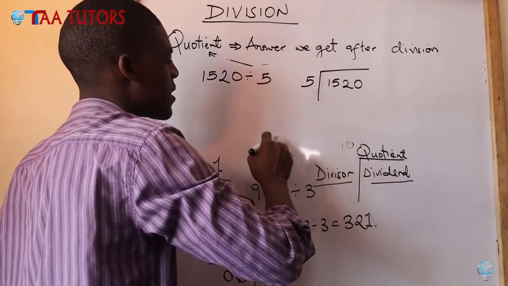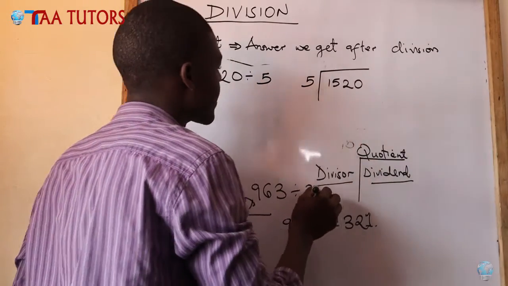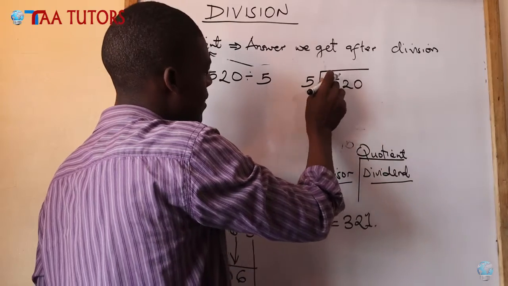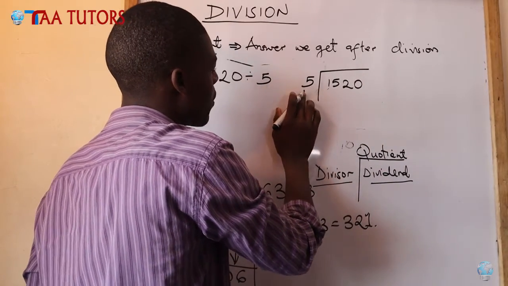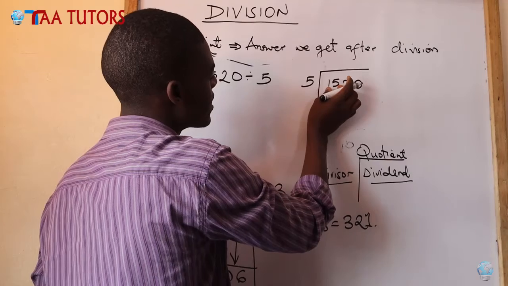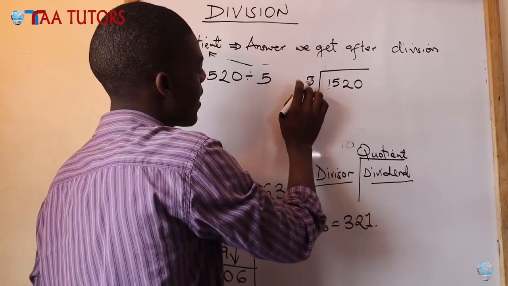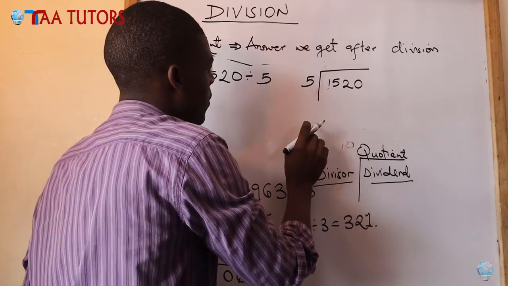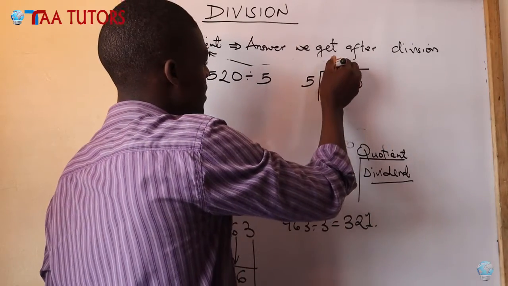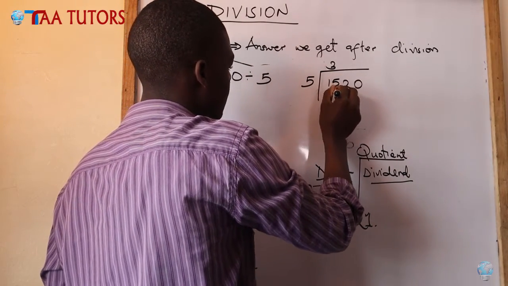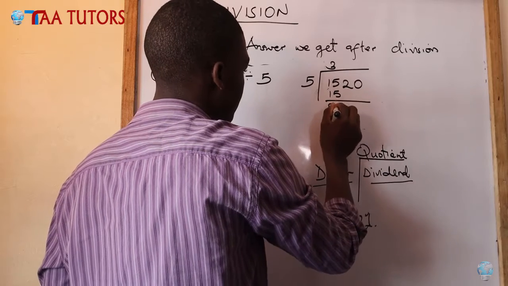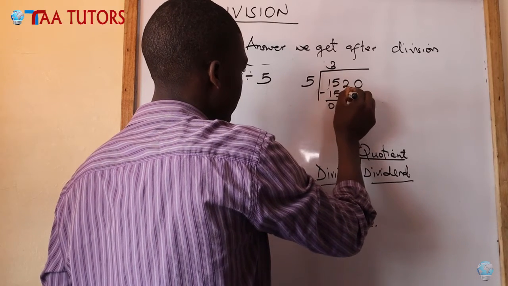And I've said we move step by step. We know that 1 is less than 5. So we will combine the first two, which is 15, and check if they are divisible by 5. We will have 5 into 15, which is 3. That is 15. This one is 0, 0. Then we are subtracting at that point.